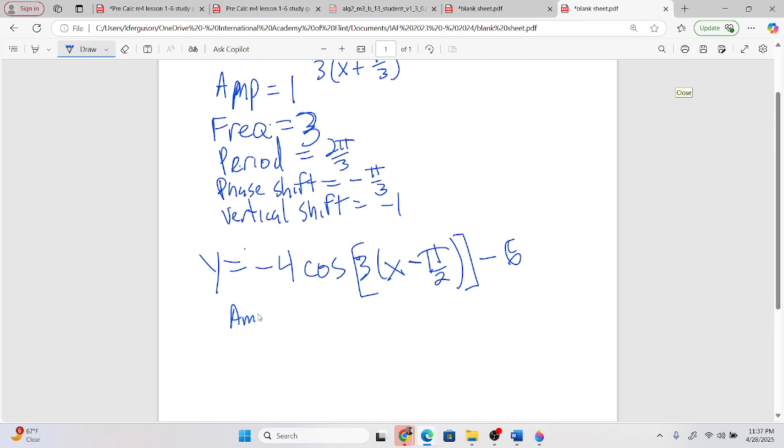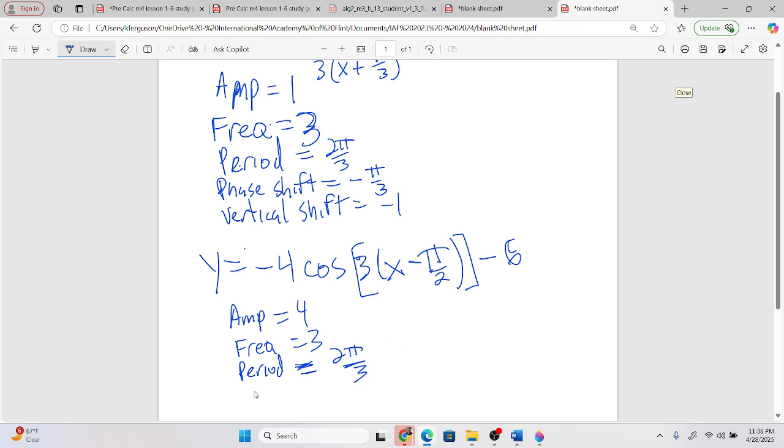So let's see what I got. My amplitude is what? It's not negative 4 because amplitude is always positive. It's positive 4. My frequency, after all the indecisiveness, my number's on the outside of this, so that's just 3. That leads me to my period, which is 2 pi divided by frequency, which is 3.